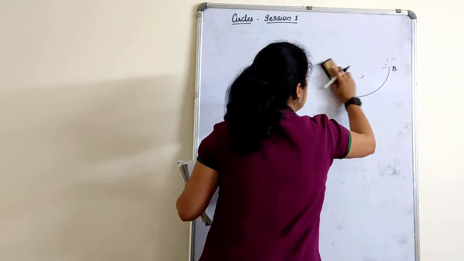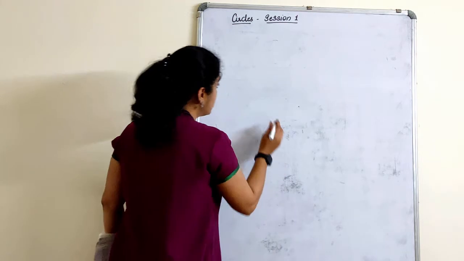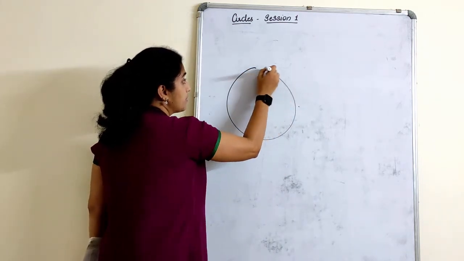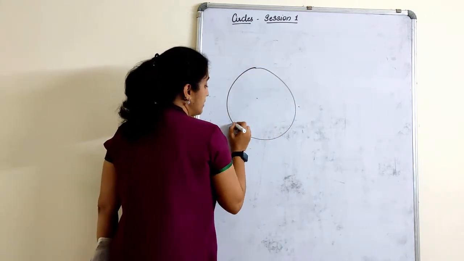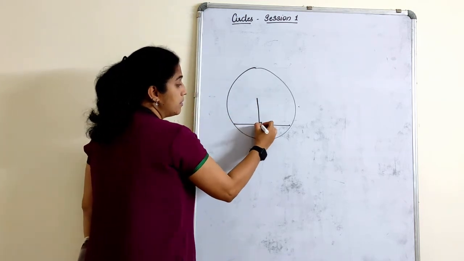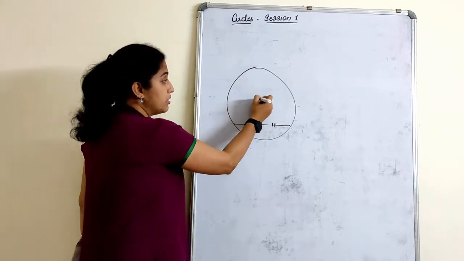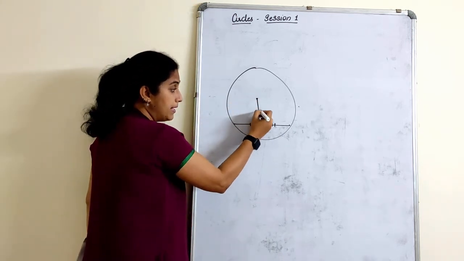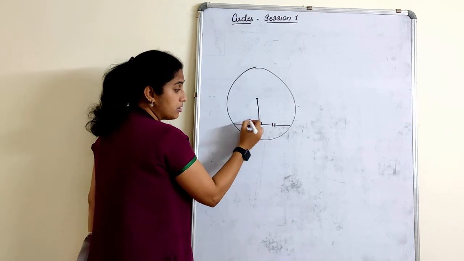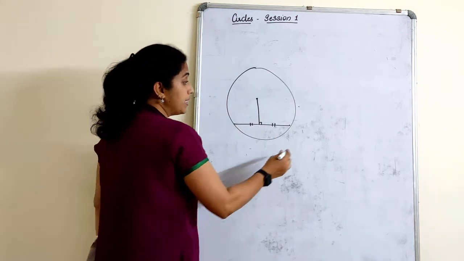Now let us recapitulate something about the chord properties. What did we study? If this is the center, a perpendicular drawn from the center to the chord of the circle actually bisects the chord. This was one.